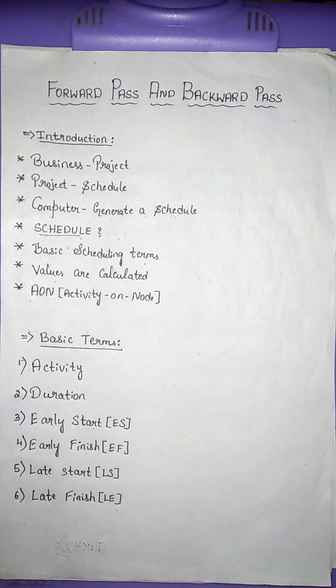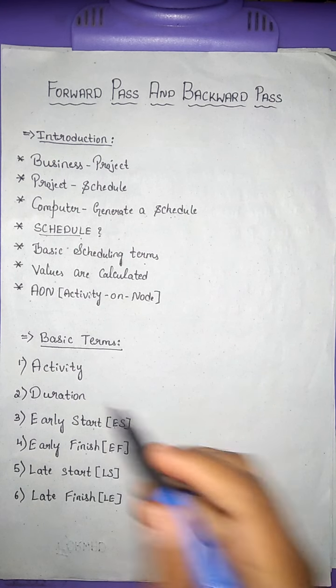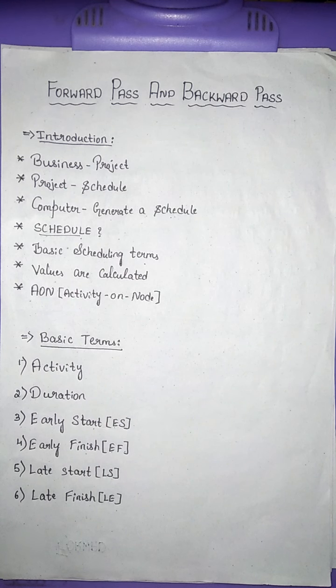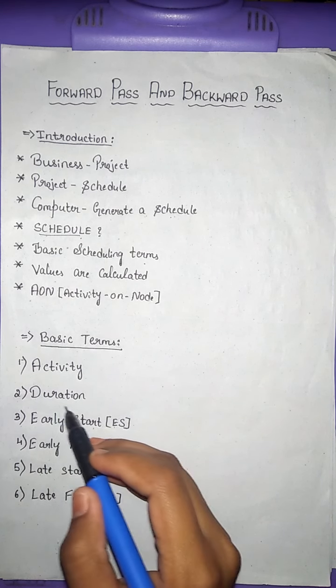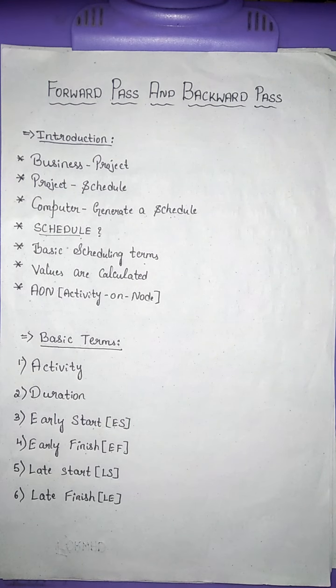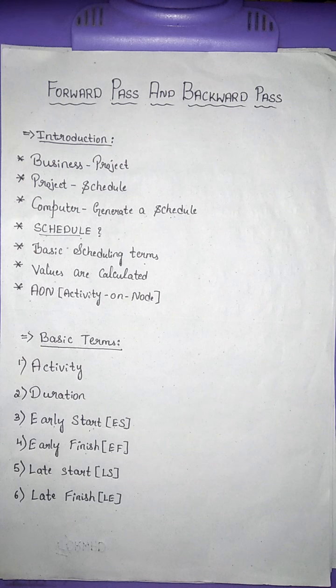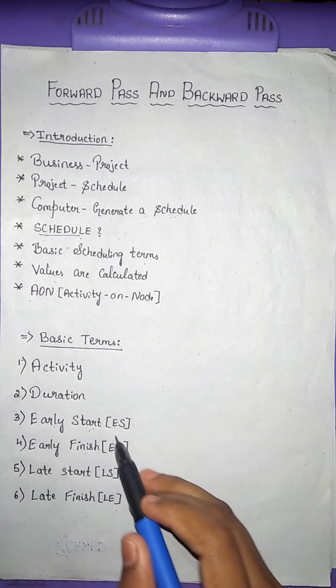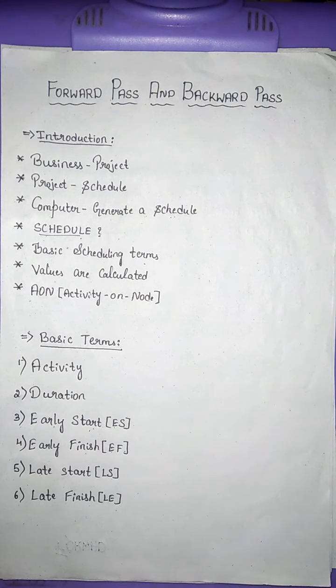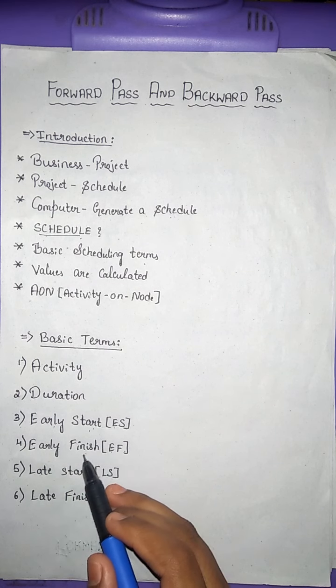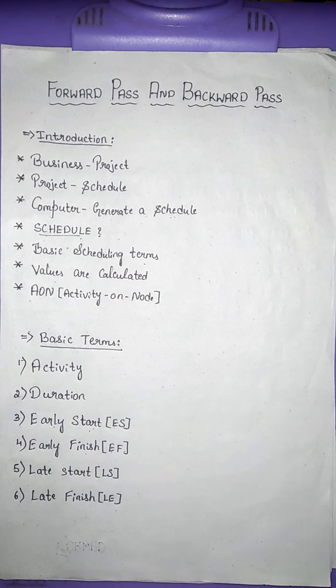What are those basic terms? Firstly, activity. It is the task name. Secondly, duration. The amount of time required to complete a scheduled activity. Next, early start, which can also be denoted as ES. Earliest date the activity can start. Early finish, EF.